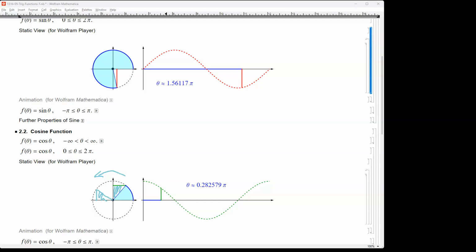So we have this 90 degree, pi over 2, phase difference, otherwise the shape has to be exactly the same as that of the sine function.